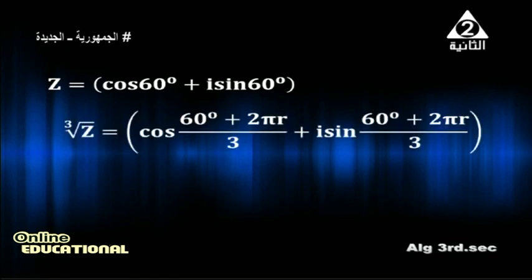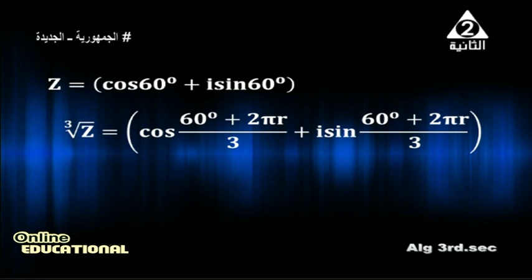What is the cubic root of Z? This rule: the cubic root of Z equals cosine of (60 plus 2 pi r) over 3 plus i sine of (60 plus 2 pi r) over 3. Why 3? Cubic root, we have 3 roots.